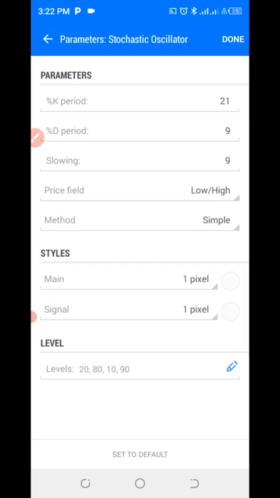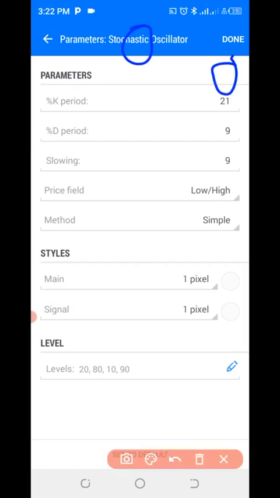Now the difference there is that, if you remember very well, on the moving average the method is exponential, while on this stochastic oscillator it is simple.